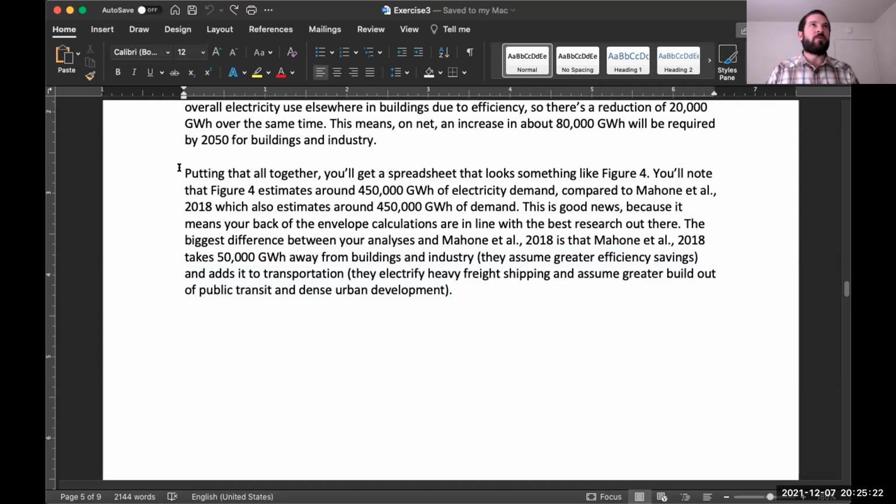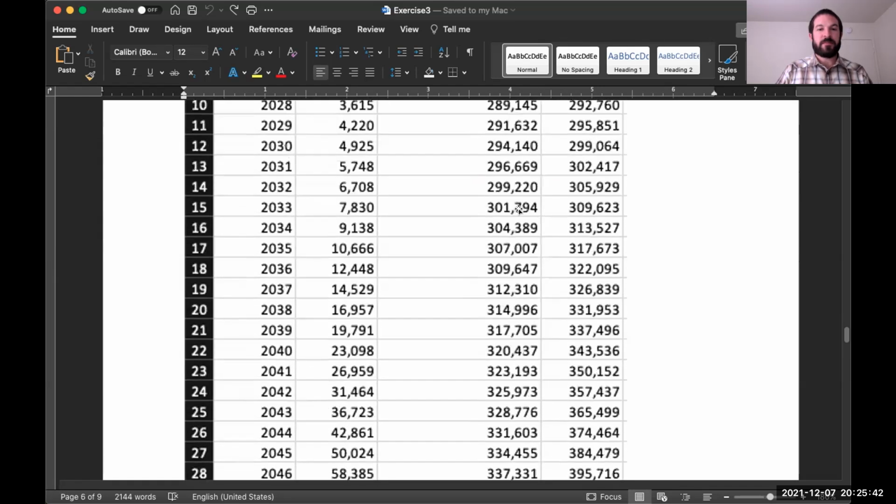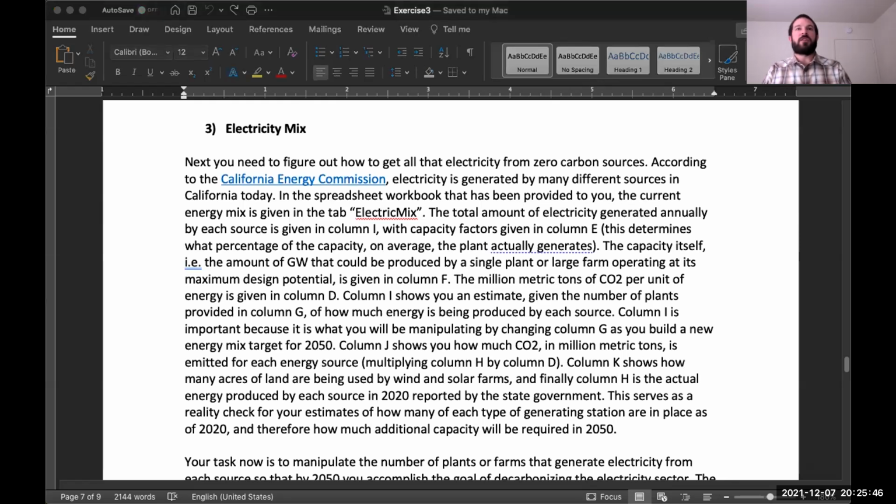What their model is able to do is far more interesting and elaborate than the one that you're building here. But at the same time, it should give you some reassurance that you're on the right track for how much energy we're going to need out in 2050. Okay. And so now this is where it starts to get interesting. This is where it starts to get really, at least I think, a little fun.